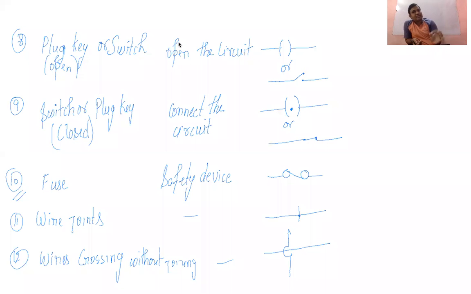So we measure that constant current, and that's why we join the ammeter in series. While in the case of the voltmeter, the voltage is constant in a parallel circuit. So that's why the voltmeter is connected in parallel.